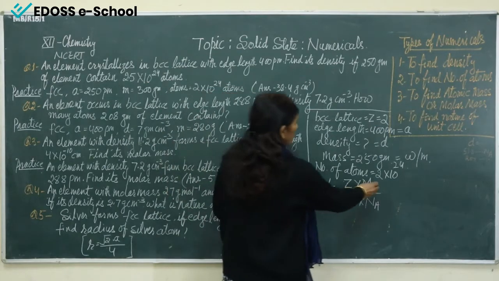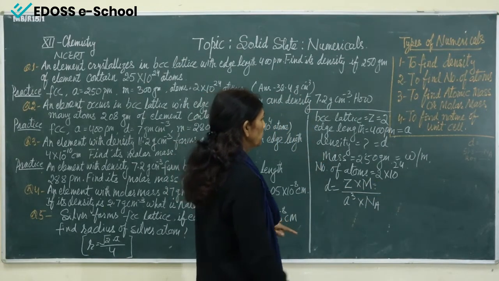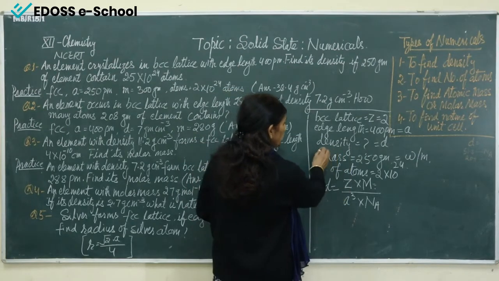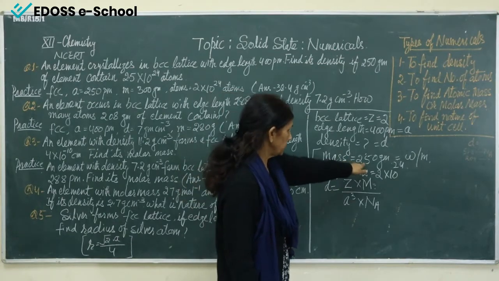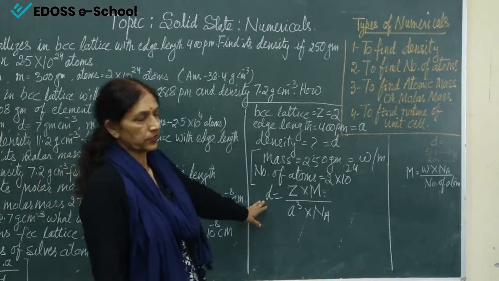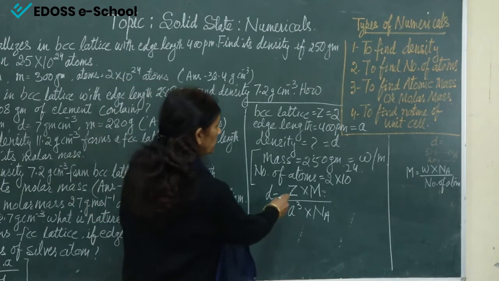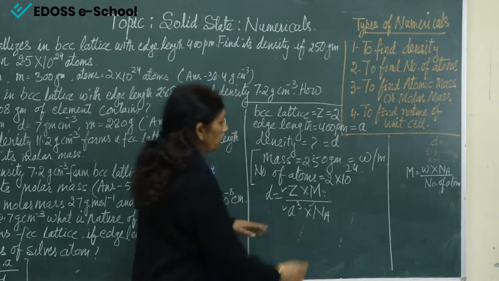M is not given. So how to find M? To find M, we will take the help of mass and number of atoms, which we already know. Now this is the formula for density, where this is known to us, this is known to us, and Avogadro number we know.